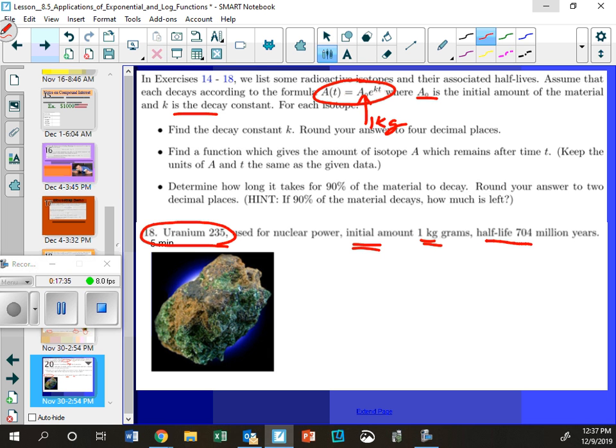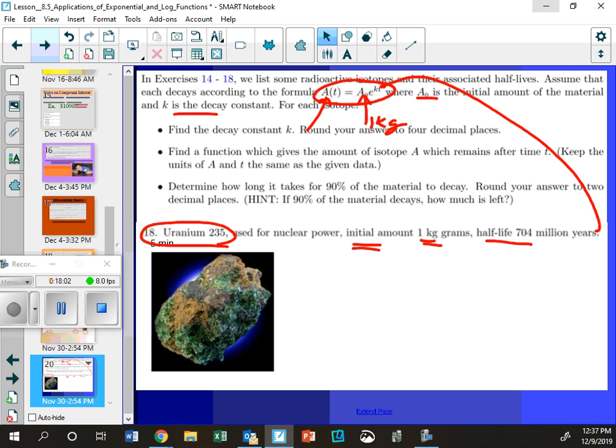Half-life of 704 million years. Wow. That goes up in here. And you can solve for k. And you know what half of 1 is, so that you can put that in the amount you'd have left at the end, is the half of the initial amount. Okay, just doing those 2.